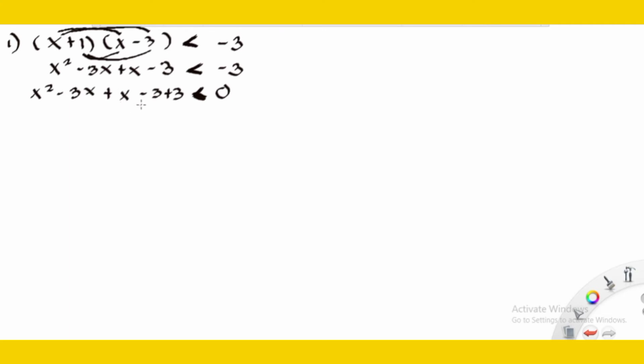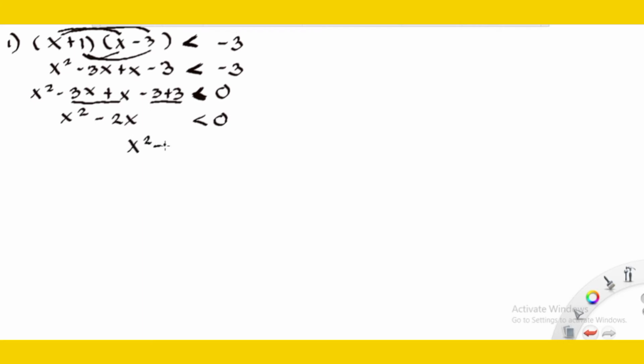So combine like terms. We can combine negative 3x and x, and negative 3 plus 3. So just copy x squared, wala siyang ka-like term. The negative 3x plus x, that is negative 2x. And negative 3 plus 3 is 0, so hindi na natin isusulat. And then we will copy less than 0. So isulat natin ng maayos.